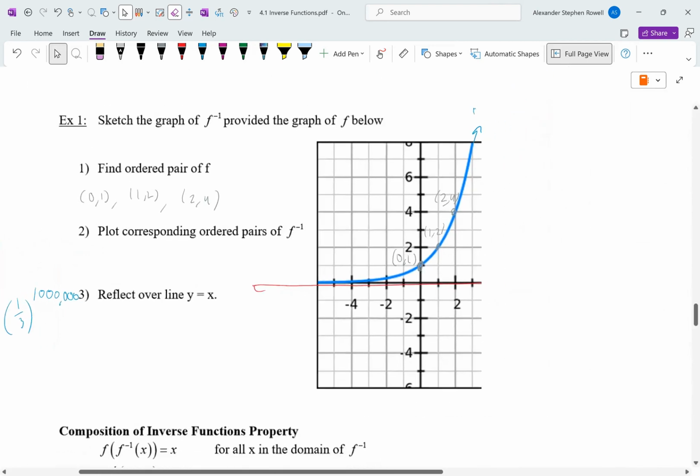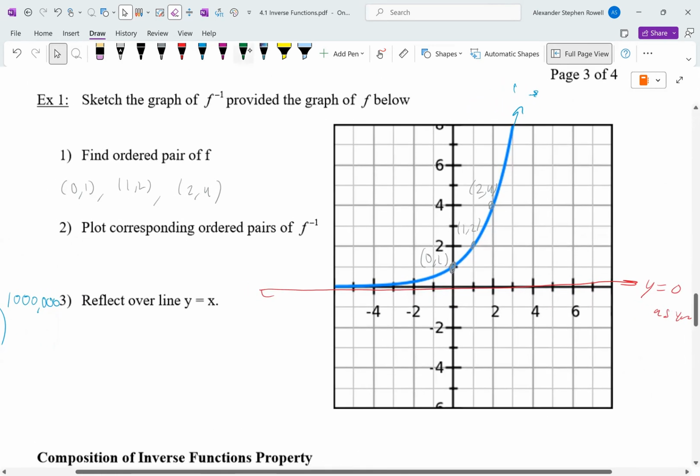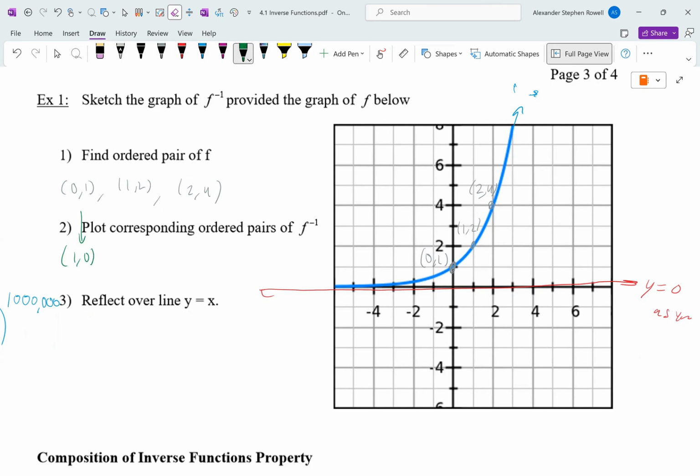Okay, we want to graph this inverse, so flip the ordered pairs. If I flip them, they become what? 1, 0. What else? 2, 1. 4, 2. Can you connect the dots? Okay, I connected the dots, but how's the rest of the graph look? Remember, it should be symmetric about the line y equals x.